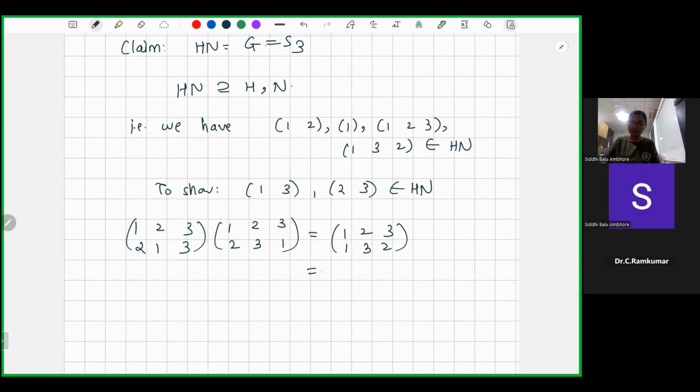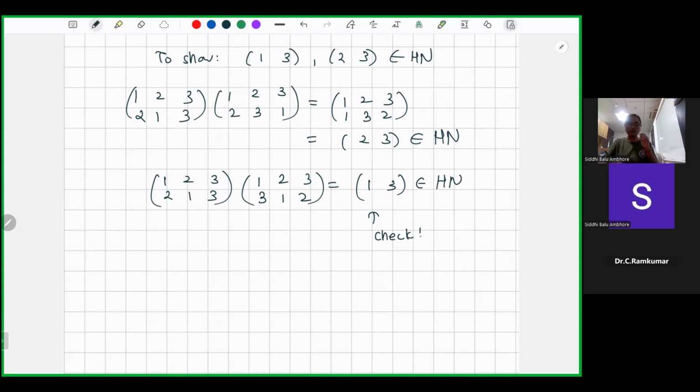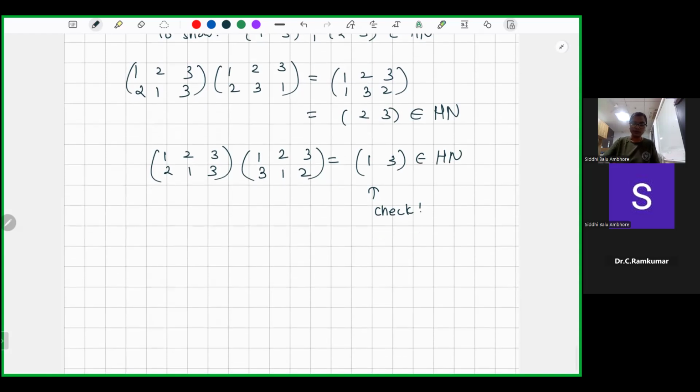Yes, this is correct, and this is my (2 3), which belongs to my HN. Similarly, you can check that if I take (1 2 3), (2 1 3) and (3 1 2), this will give me that (1 3) belongs to HN. You can see that 1 goes to 3, 2 is fixed, and 3 goes to 1 again.